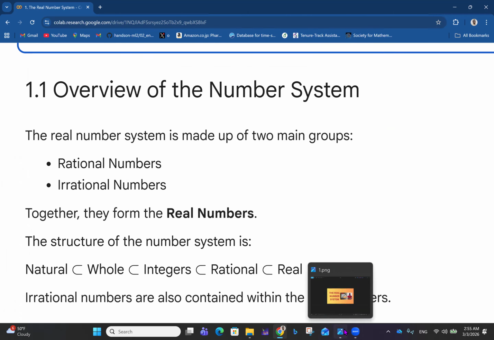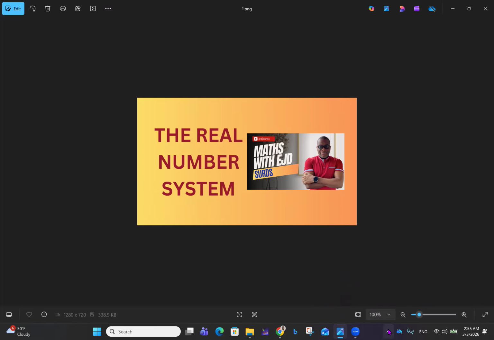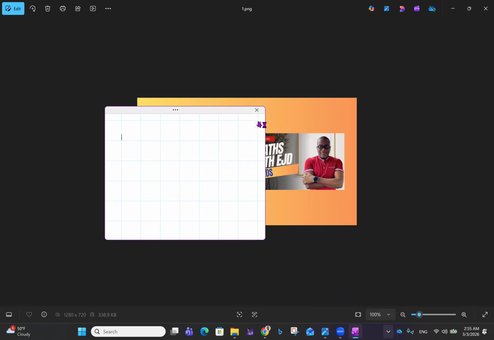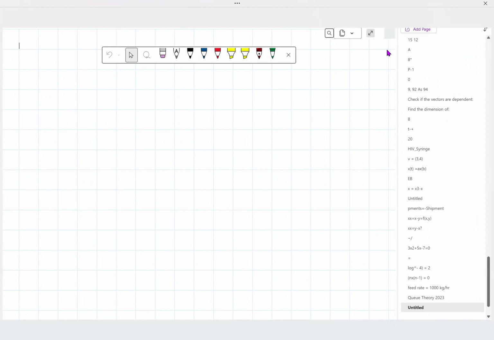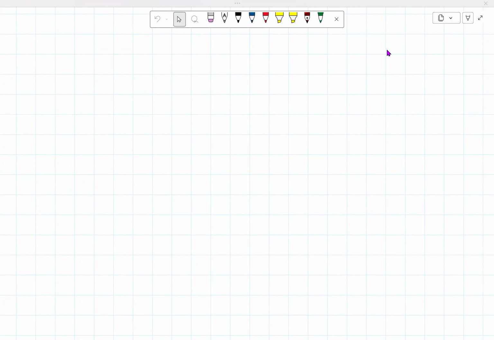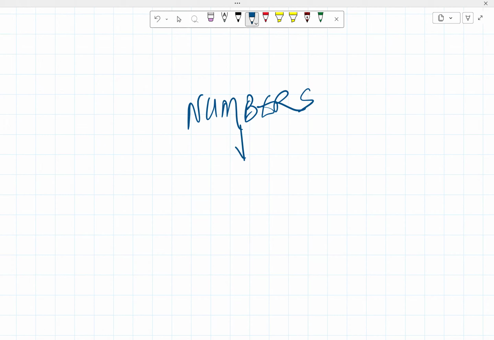If you're going to do a broad classification, not just focusing on the real number system but on numbers at large, we can look at it this way: all numbers can be seen as complex.